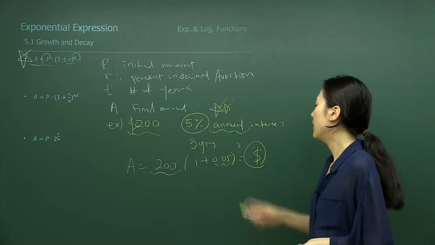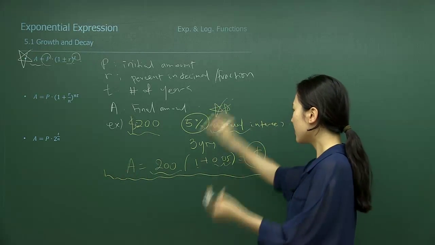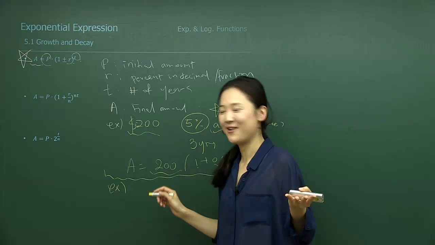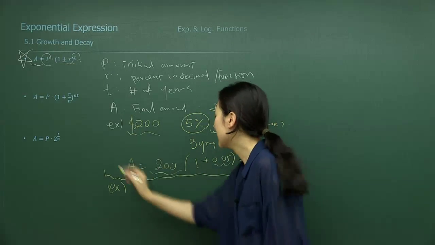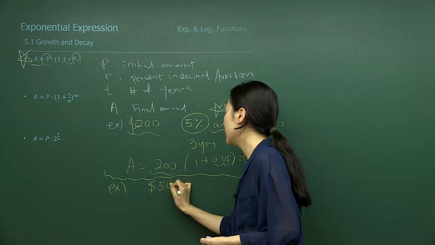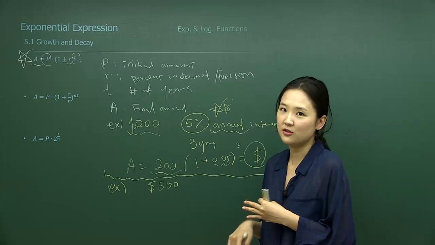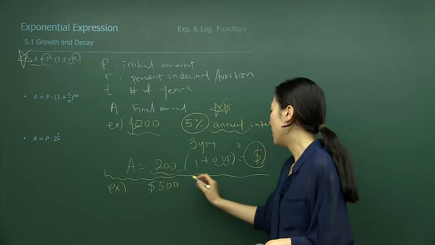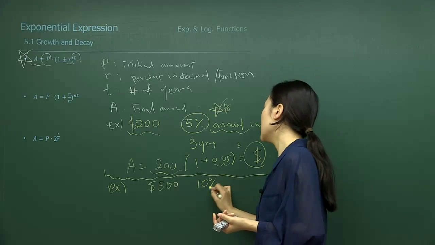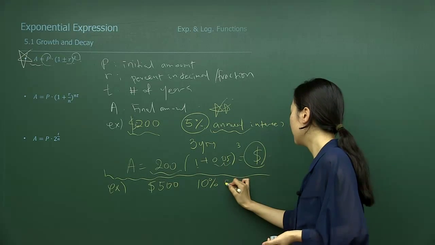So we should probably use another example. Say you buy a car. You're too young to buy a car, or maybe not. Okay, so say you bought a car and you paid $500 for it. And usually cars do get cheaper the longer you keep them, generally. So say the price of the car keeps dropping at a 10% annual rate.